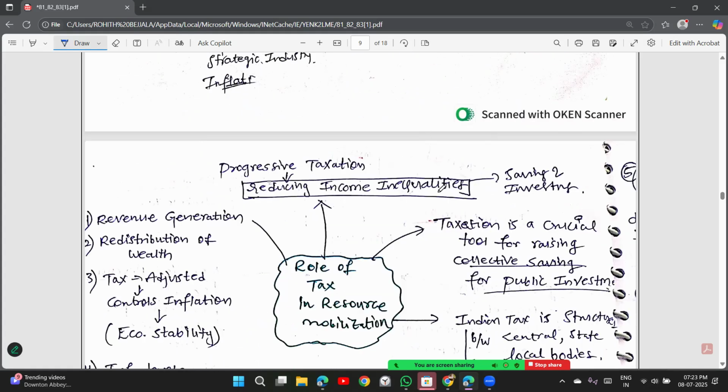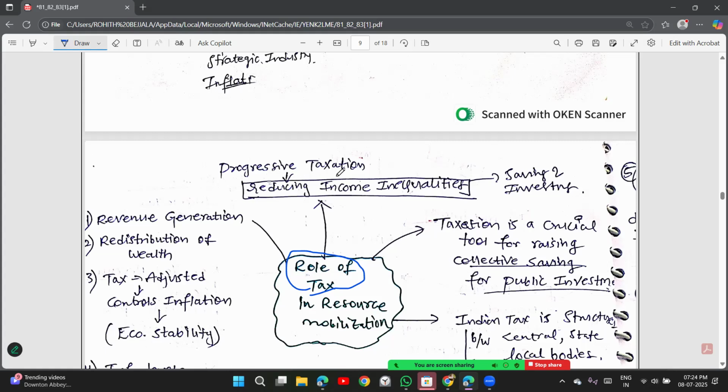So next is the role of tax in resource mobilization. In this perspective, as you know, the government will collect the tax and it will spend it on other schemes or its expenditure to run its offices, to lay roads for infrastructure, etc. So what is the role? The government is doing progressive taxation.